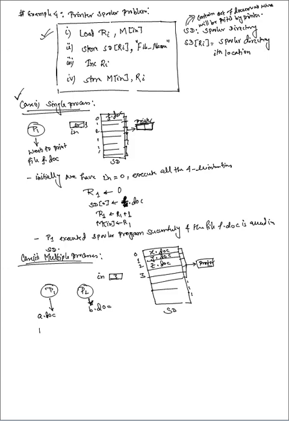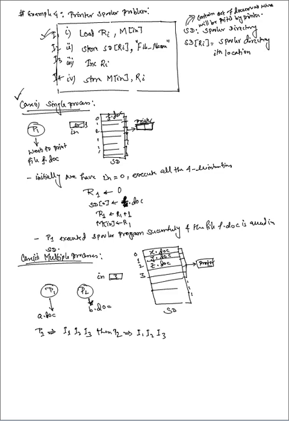So let us consider P1 first executes I1, I2, I3, then P2 executes I1, I2, I3.